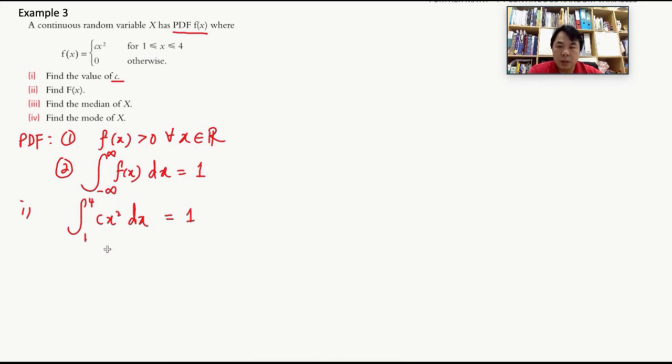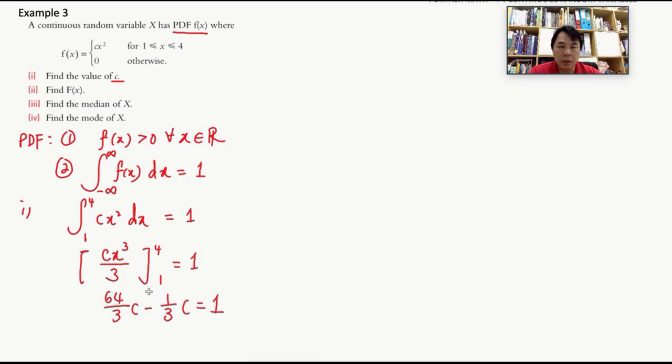The integration should be quite direct to evaluate. That will be this. Then we substitute the upper boundary and the lower boundary here. So there will be 64 over 3 c, subtract 1 over 3 c, must be equal to 1, right?